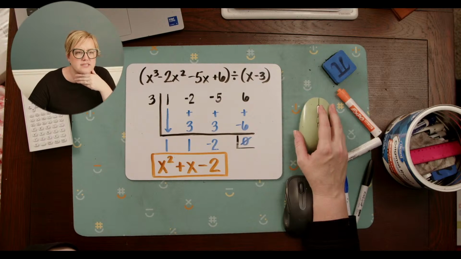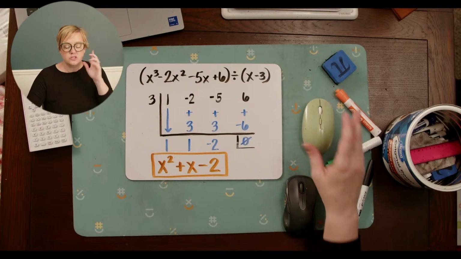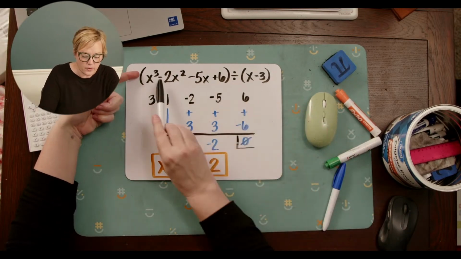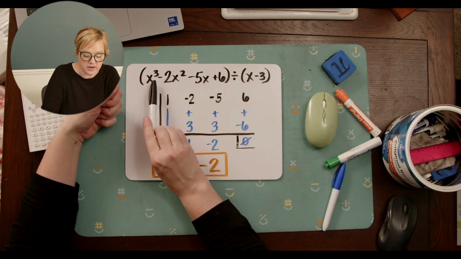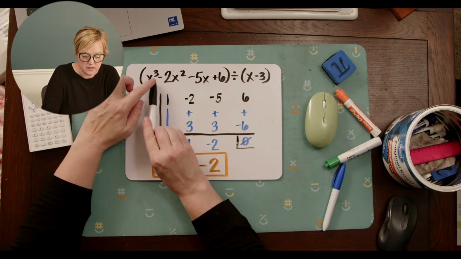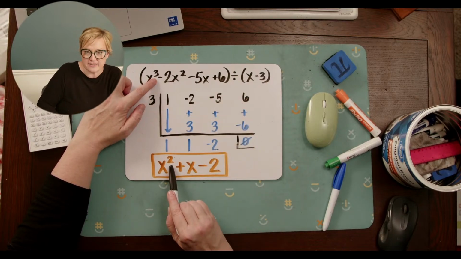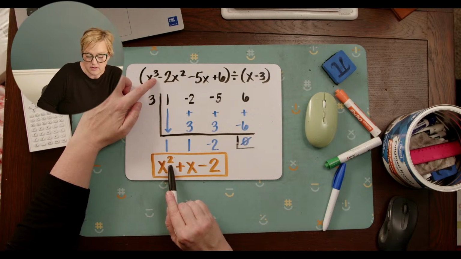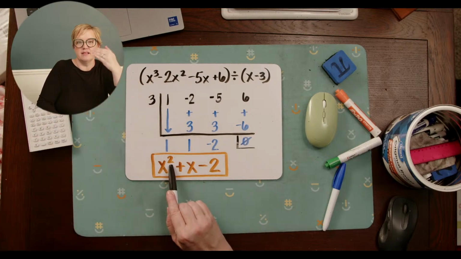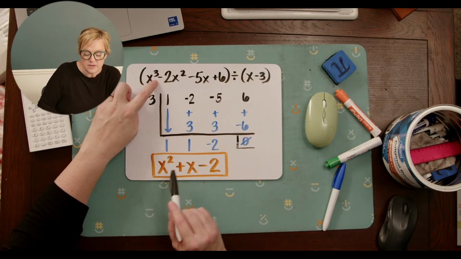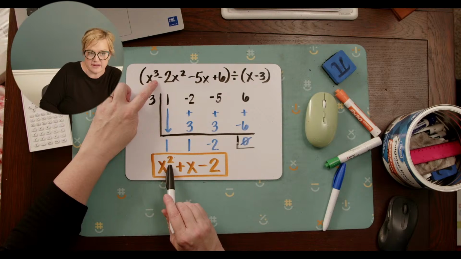What do you mean 1 less degree? What I mean is 1 less degree than what I started with. I started up here with a 3rd degree, so this is x cubed. Then my answer is going to be 1 less, so this is going to be x squared. Because I'm dividing, it's going to be a little bit less. So we've got x to the 3rd, and my solution is going to start with x squared, or x to the 2 power.